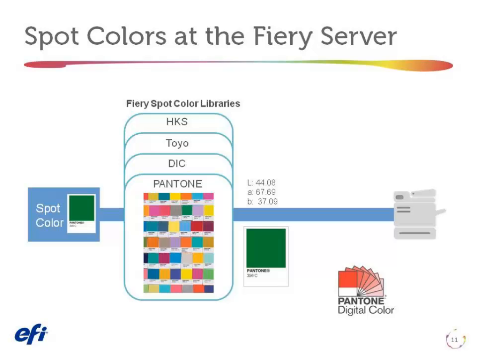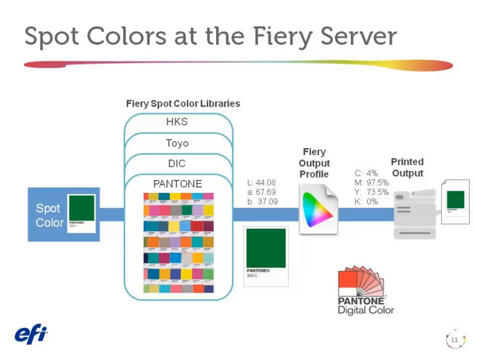Using that LAB value there, that tri-stimulus set of values, and an output profile for the device that I've made precisely, I can convert to the right CMYK recipe or process build to match that color on the output device. So this is typically how spot color matching works on any of your DFEs for digital devices.